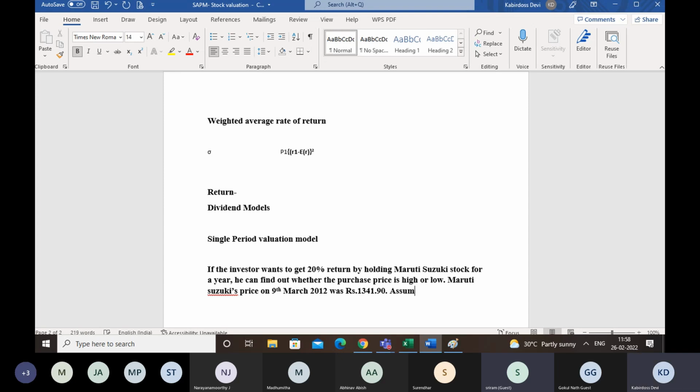Assuming that the dividend will be the same next year, they say that the stock price will be around 1650. So they say that the present value can be calculated.